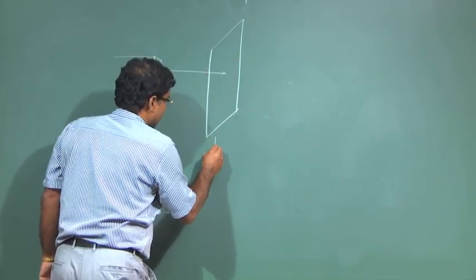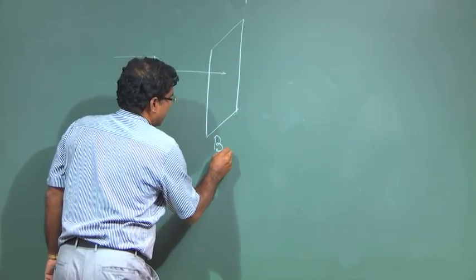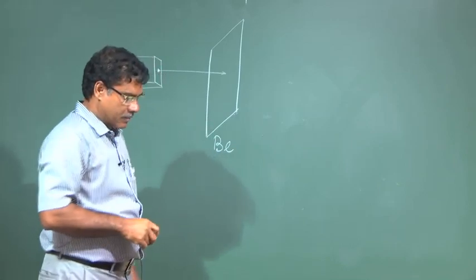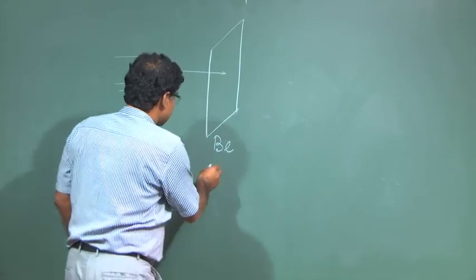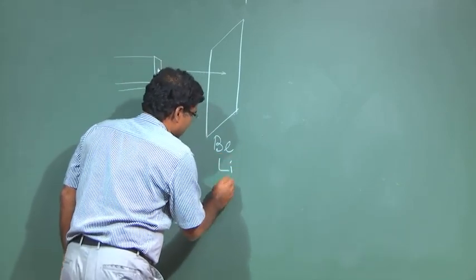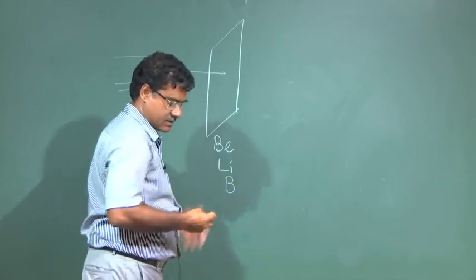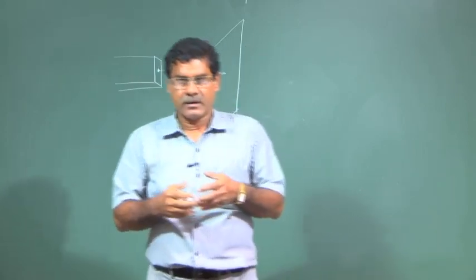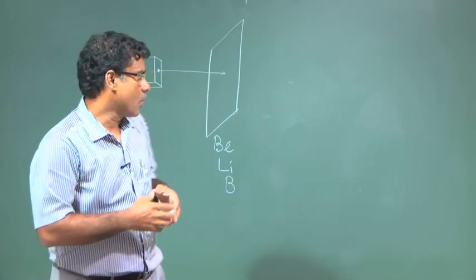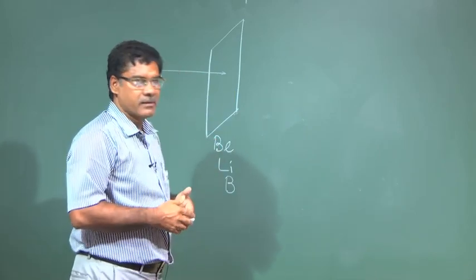They took the beryllium foil, and also lithium foil and boron foil. So, these are basically foils of light elements.